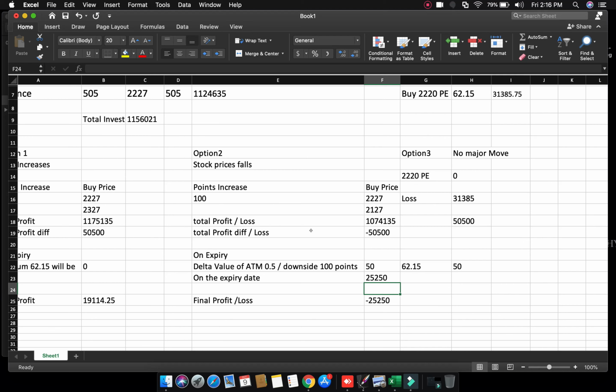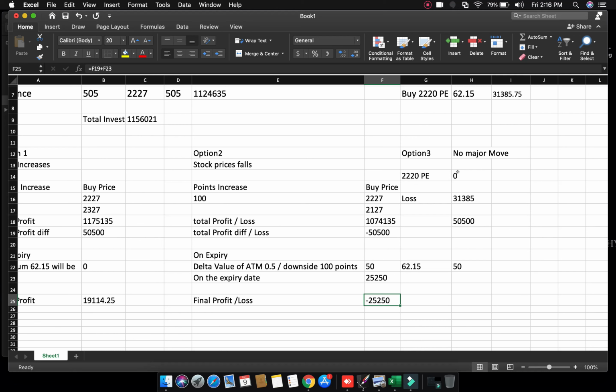From the stock side you have lost around 50,500, and from the put side you have gained 25,250, so your total loss will be 50,500 minus 25,250, which is 25,250.